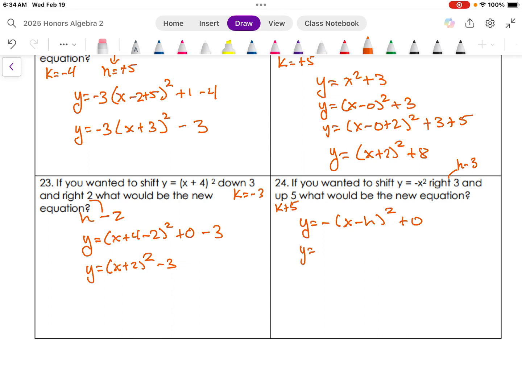So y equals negative x minus, and then again, the original h was 0. So 0 and then minus 3. And then plus 0 plus 5. And so my cleaned up equation, negative parentheses x minus 3 squared plus 5.